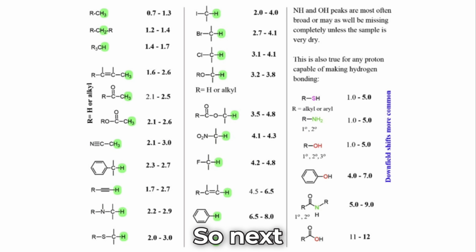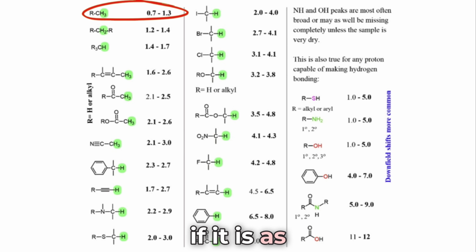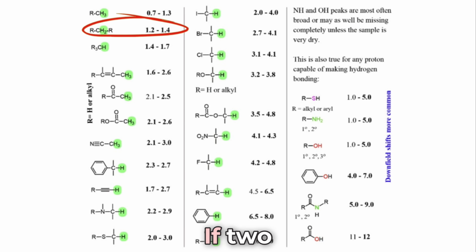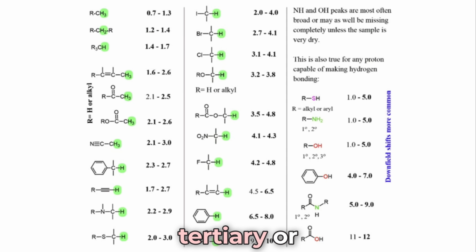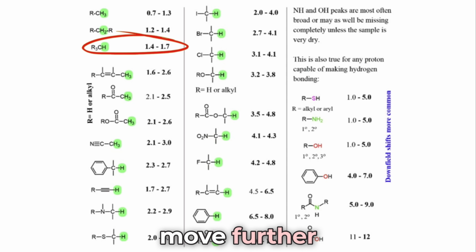In the next figure, you can see how an alkyl signal will shift from upfield to downfield. If it is a methyl, it will generally come between 0.7 to 1.3. If two different alkyls are attached, then it will shift a little bit toward downfield, 1.2 to 1.4. If it is tertiary or quaternary, then it will move further ahead at 1.4 to 1.7.